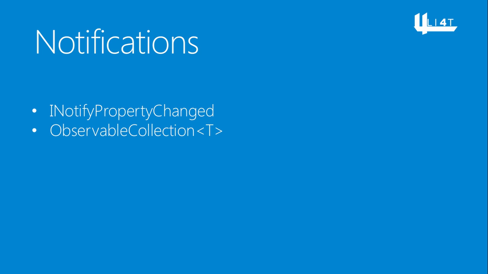The ObservableCollection of a certain type is going to be used, it's quite similar to the INotifyPropertyChanged. In fact, it implements that interface, but it allows us to actually implement something like the INotifyPropertyChanged on collections.